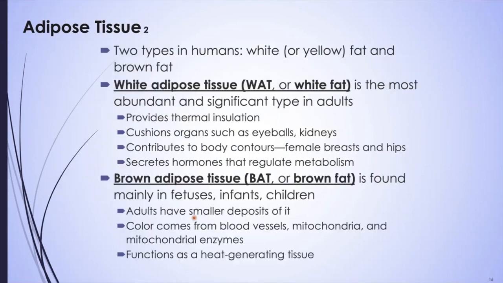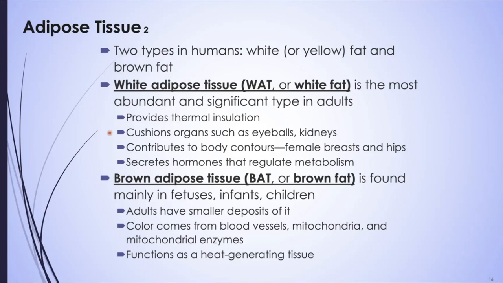So let's talk more about the differences between white adipose tissue, or white fat, and brown adipose tissue, okay? The most abundant in adults is going to be the white fat. The function of that white fat is to provide thermal insulation, keeps us warm, right?